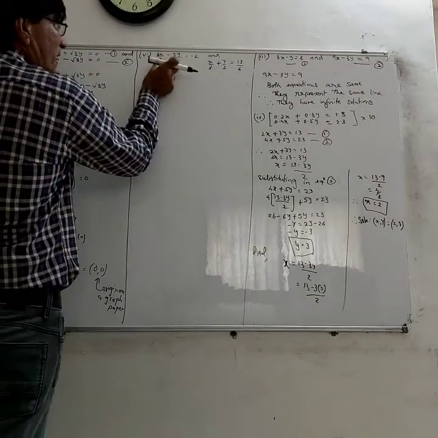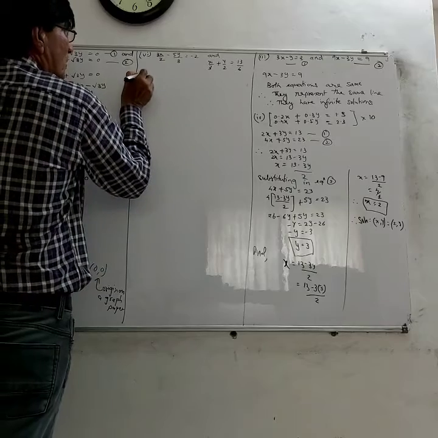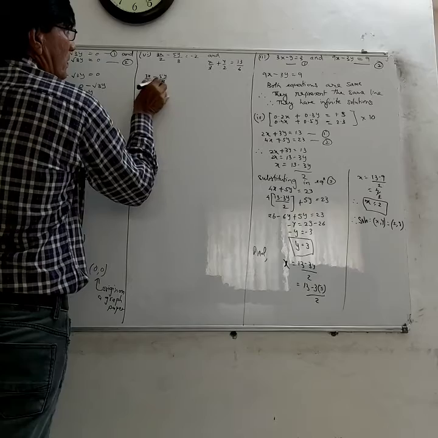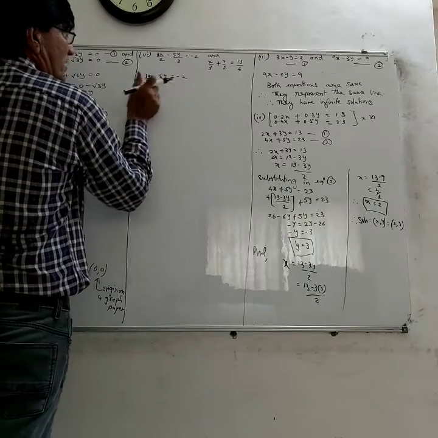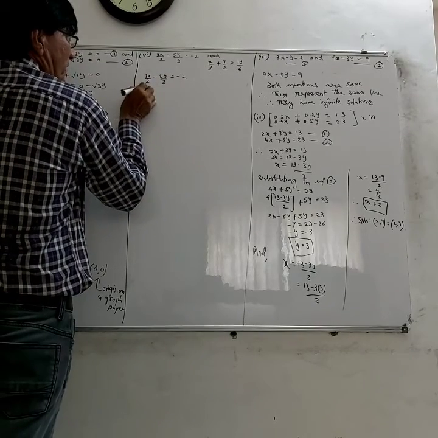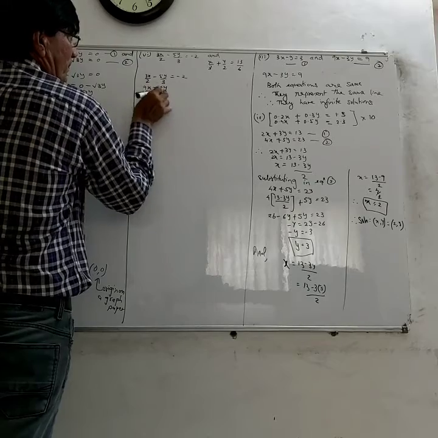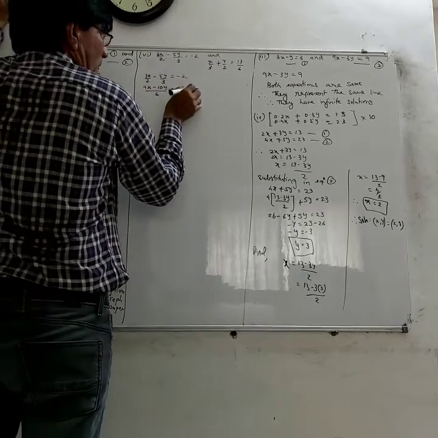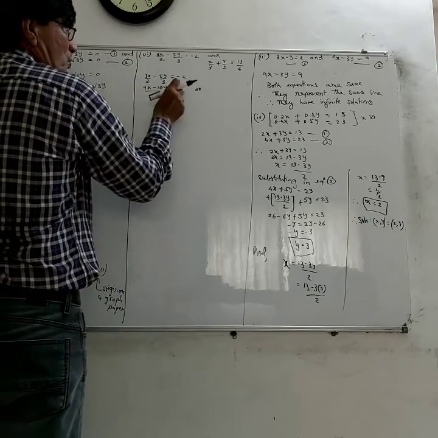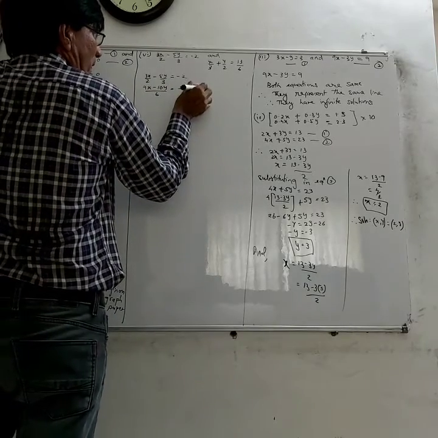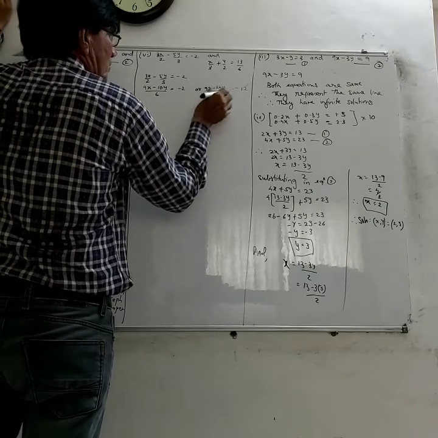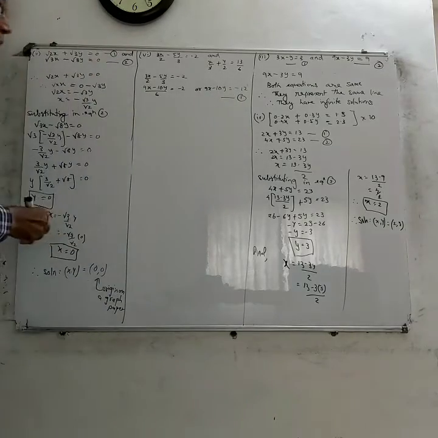For the first one, the LCM is 6, so 3 3's are 9x minus 10y is equal to minus 12. Let this be equation 1.